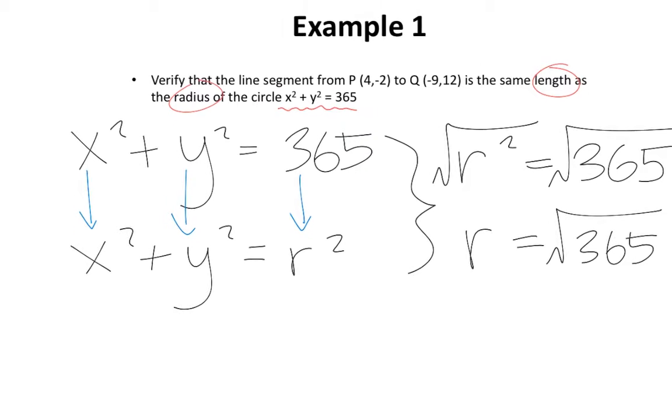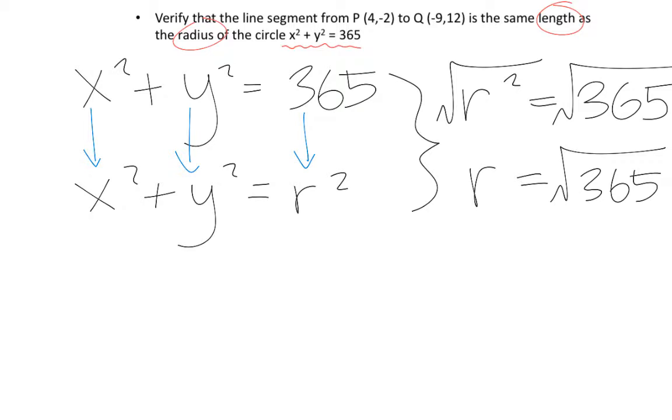I'm going to move this a little bit, and let's write down the general equation for the length between 2 points. I'm going to give this a subscript of PQ. The rest of this equation should be pretty simple. You've used it numerous times.